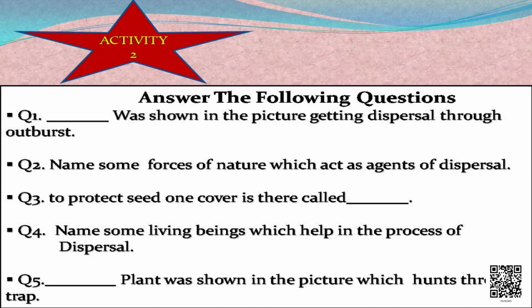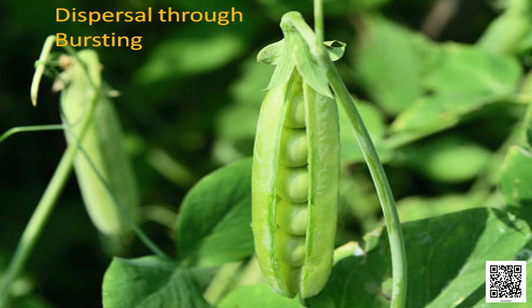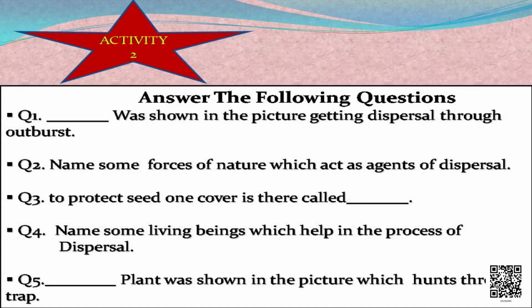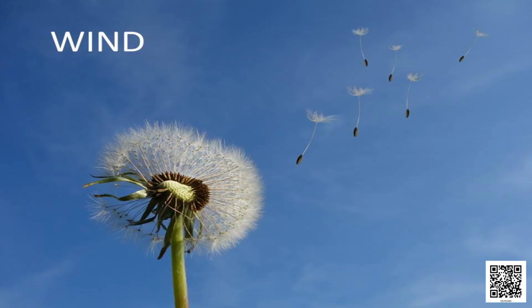The first one, which picture was shown where dispersal was done through outburst? Yes, it was a pea plant, isn't it? So, the pea was shown in the picture getting dispersal through outburst, through the explosion, okay. Now, if we are talking about the forces of nature which act as agents of dispersal, we had two elements of nature, wind and water.